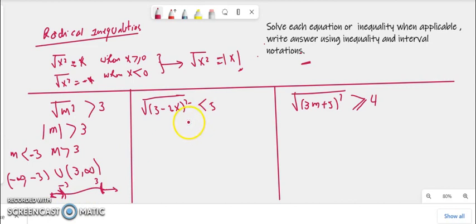The square root of (3 minus 2x) squared is less than 5. So let's apply the rule. So the absolute value of 3 minus 2x is less than 5. And then when we apply the theorem from the last video, check it out, we can say 3 minus 2x is greater than negative 5.